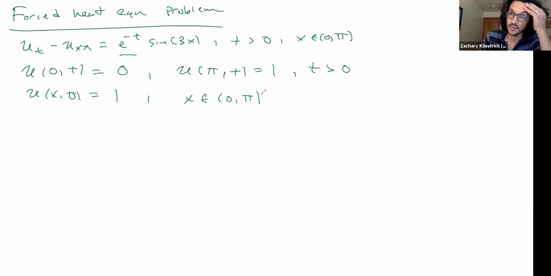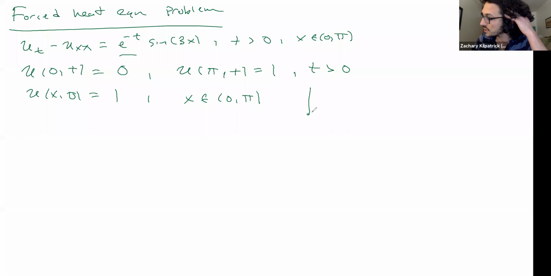So the initial and boundary data don't agree well, but on the interior, because of the smoothing properties of our heat kernel, we know that immediately we'll have a C infinity function once we move away from the boundaries, right?